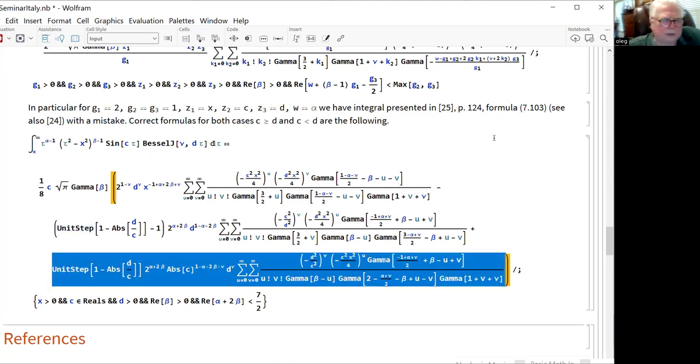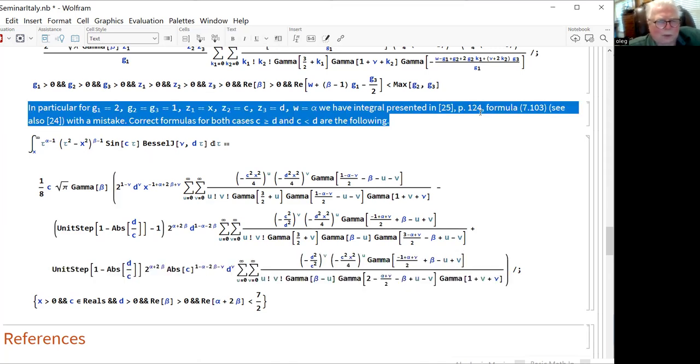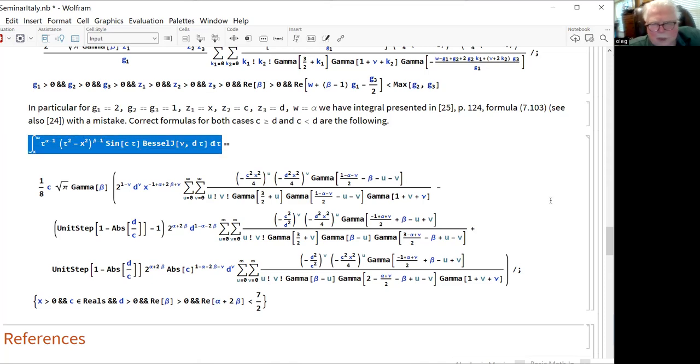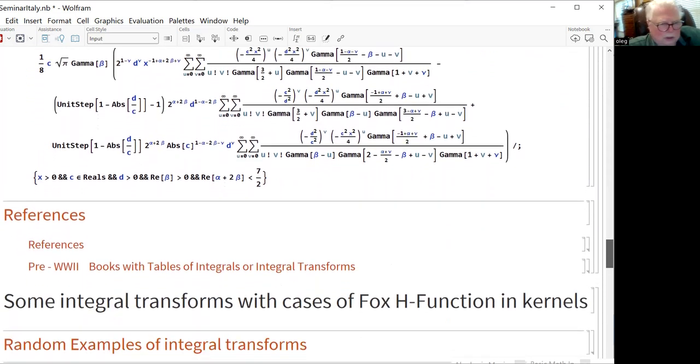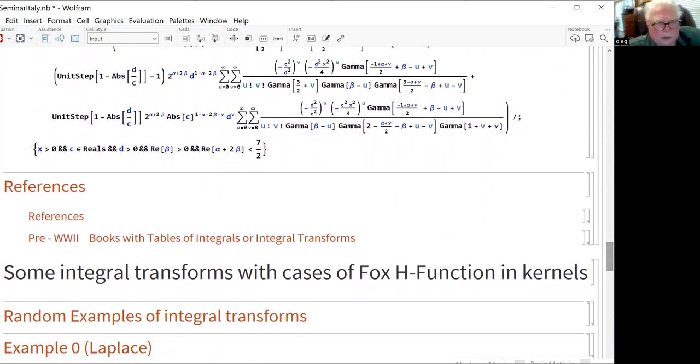I verified these results, but in 1978, in my book, I made a mistake, and now at last I fixed this mistake in the description of this integral. My first book was translated into English, and in the references you will find it.